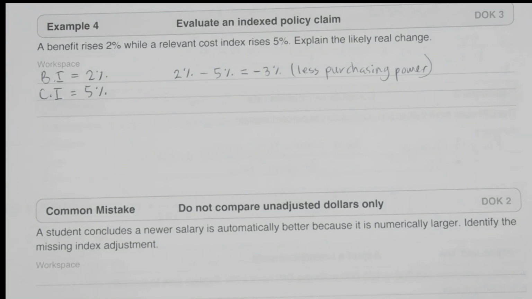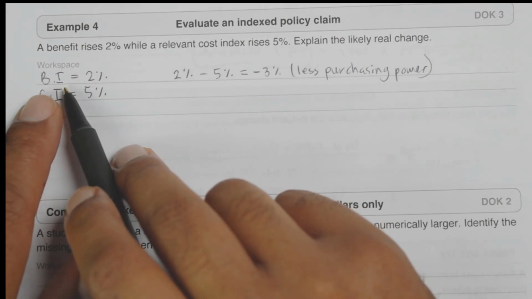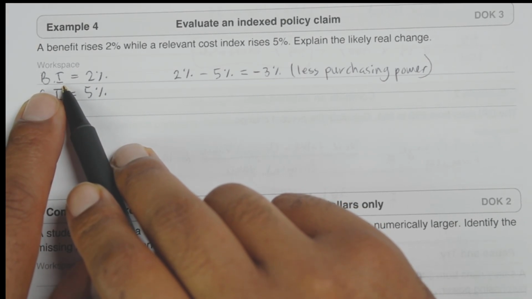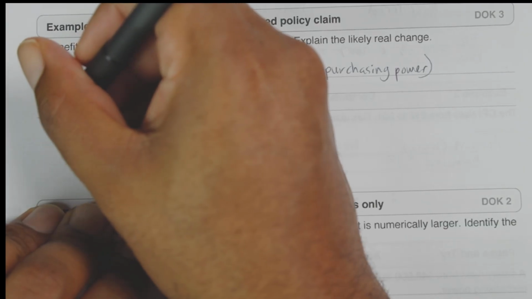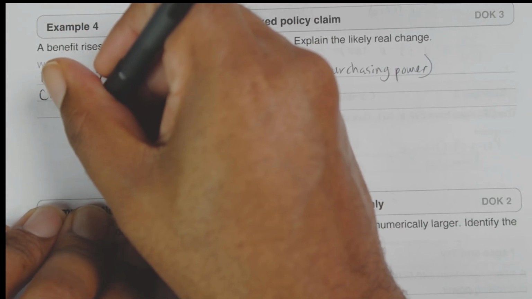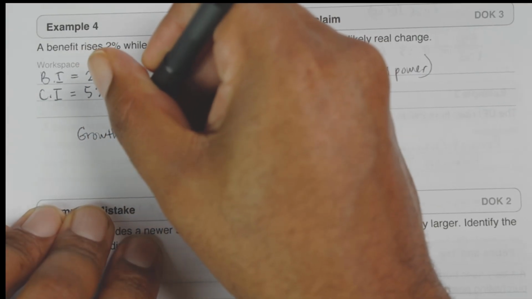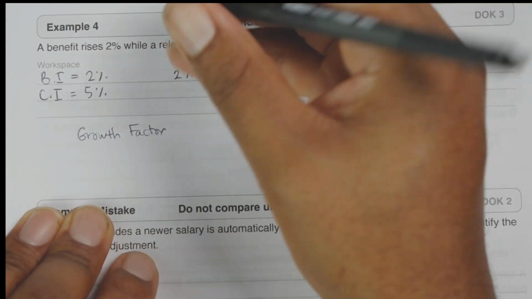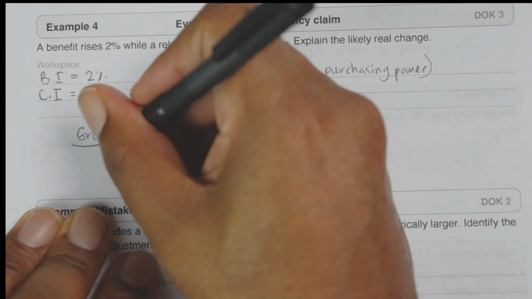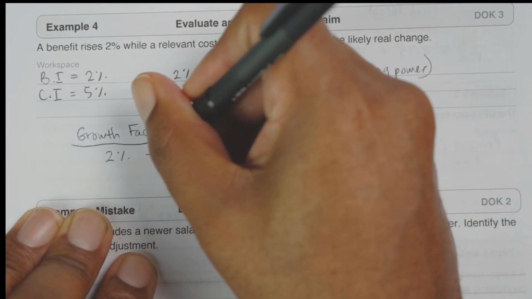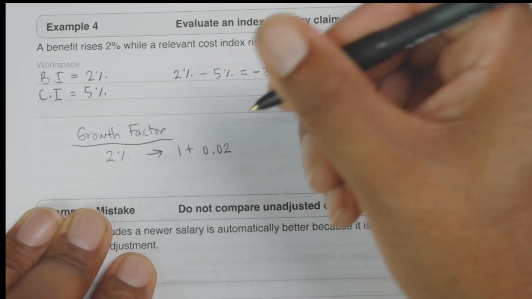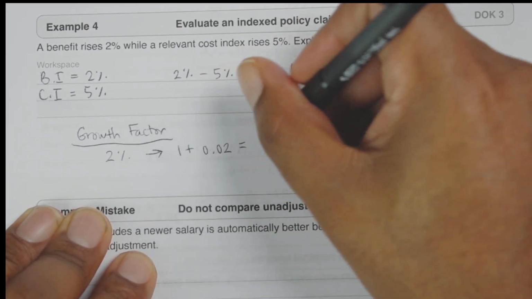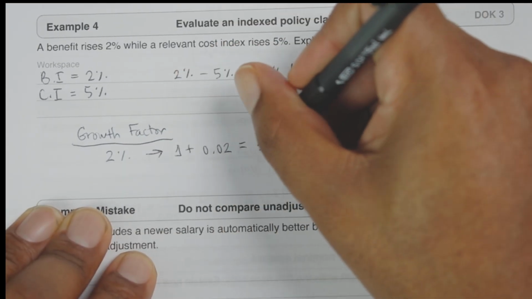For a more precise calculation, we would have to compare the growth factors. So, for example, the benefit factor would be, essentially, the growth factor. Anytime you take 2%, you would have to adjust that and say 1 plus 0.02, which equals 1.02.